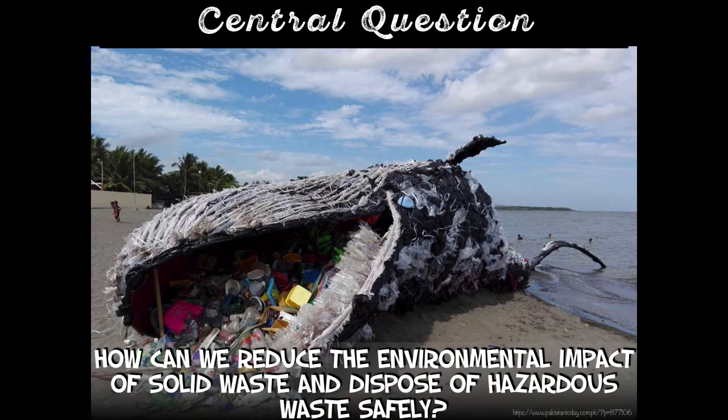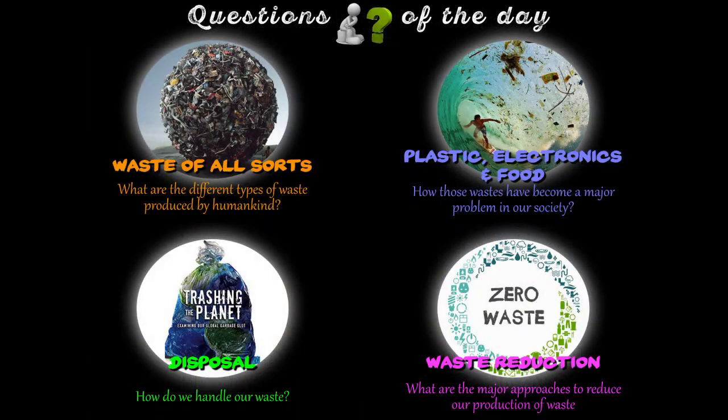So to answer this question, we'll look at 4 points. We first define the different waste we are producing on this planet. Then, in a second point, we'll speak about 3 major productions of waste, which are plastic, electronics, and food, and how those wastes impact greatly our society, but majorly the environment.